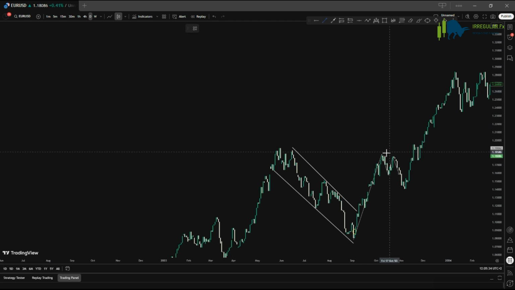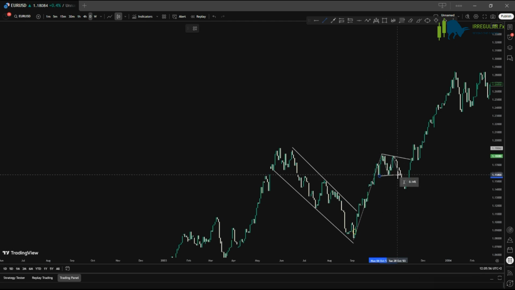Then you go to your trend line, you construct your two current highs, which are this and this. Then you go to your supporting trend line, you construct your two lowest points, which is this and this.